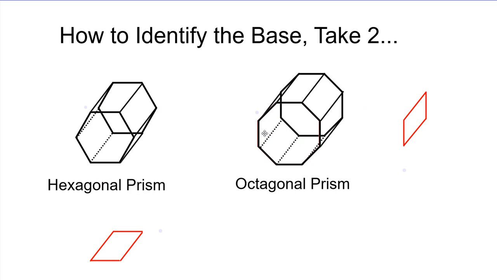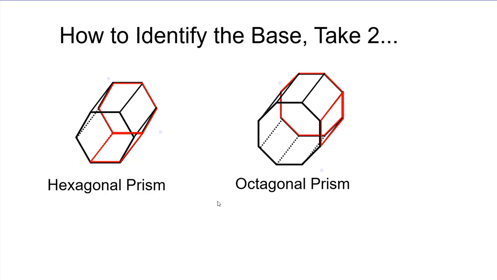The octagon in the front and in the back, they're on parallel planes, right? Just like I said they were. They are congruent. The same thing with the hexagonal prism. Yeah, that works, but it's not unique. Both of them are true, and in fact, all of them are true. Any one of the faces on one of these two shapes could be the base by that definition, and that does not work.